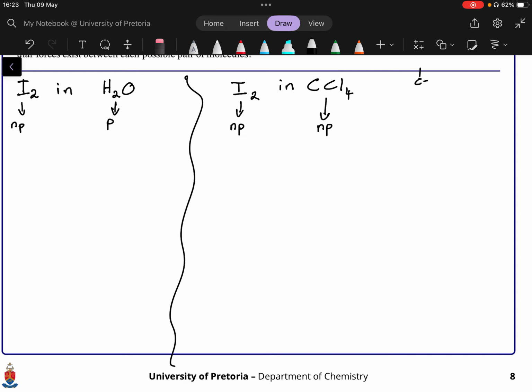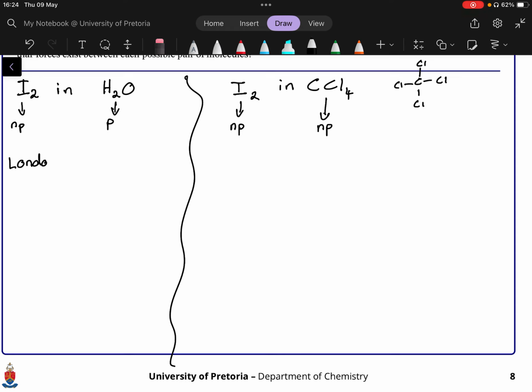So, on the left-hand side, we have nonpolar and polar. And on the right-hand side, we have nonpolar and nonpolar. So what does that then mean? Well, all kinds of things have London dispersion forces.